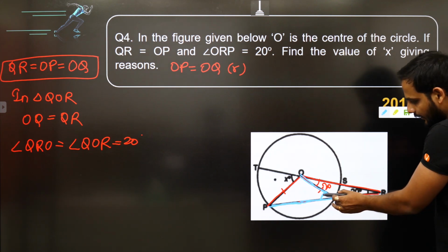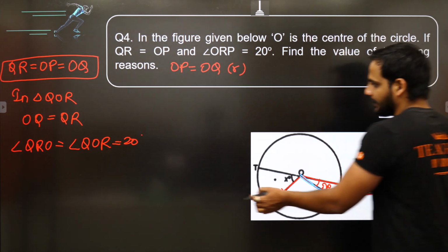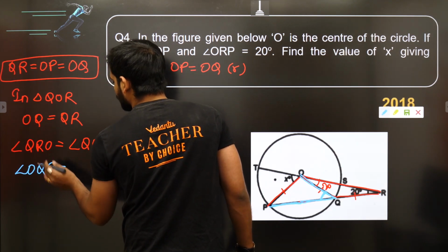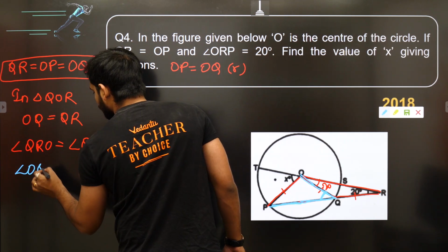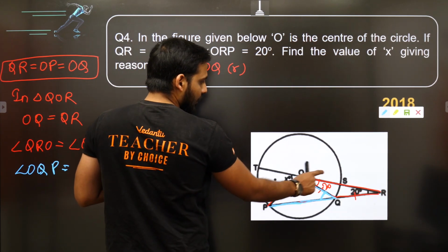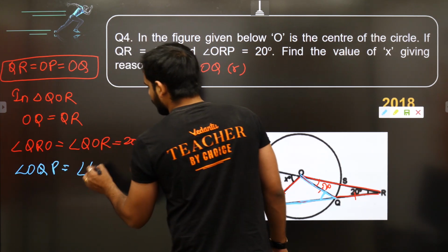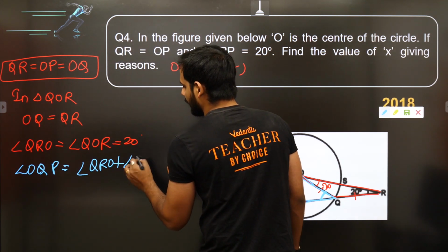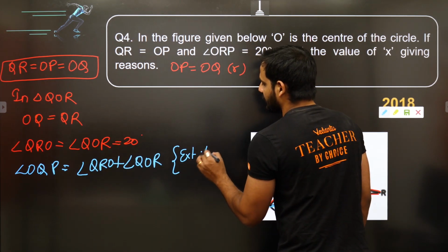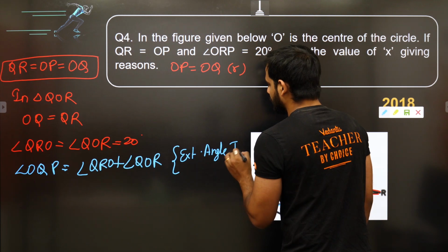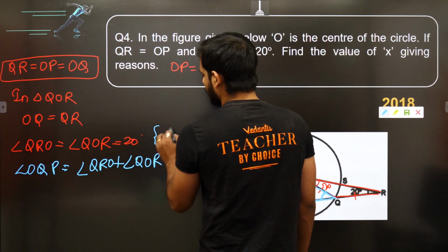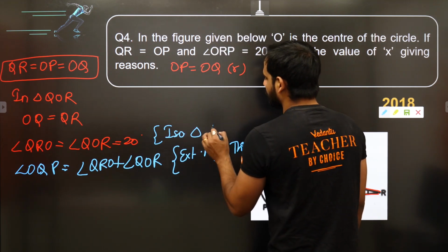So the exterior angle OQP should be equal to the sum of angle QRO plus angle QOR. And why am I saying this? Because of the exterior angle theorem. Okay, so that is the reason, and here I have given the reason as the isosceles triangle property.